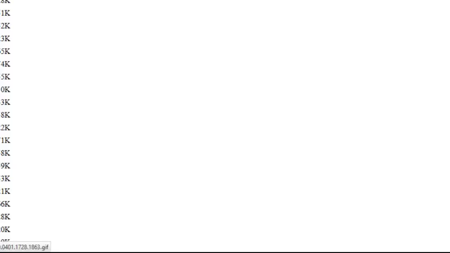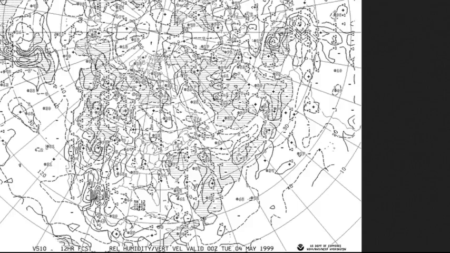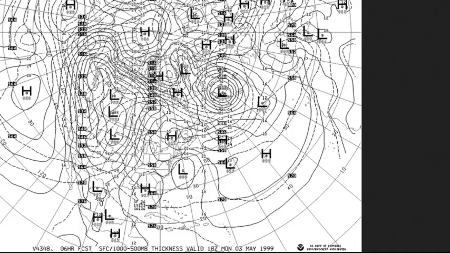Just for those of you joining late, this is May 3rd, 1999. We're looking at some historical charts showing what it looked like on that day. Okay, that's the thickness, that's the hemispheric version of that.